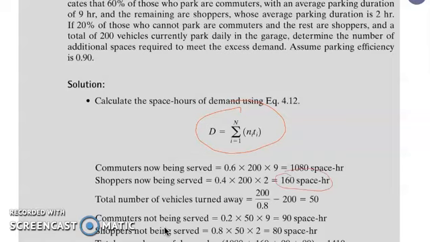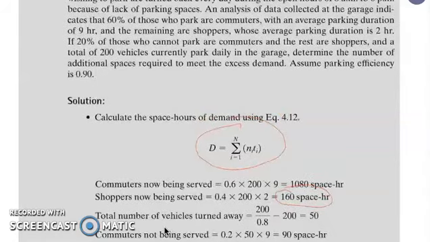So if we're going to get the total number of vehicles turned away, since 20% of those who wish to park are turned back every day during the open hours, those who are served are 80%.